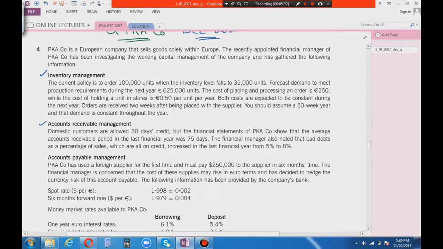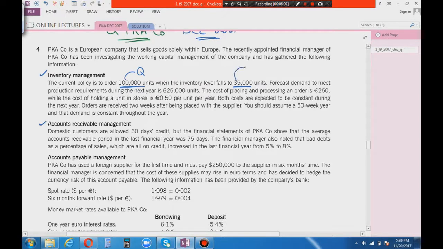The current policy is to order 100,000 units when the inventory level falls to 35,000. So in one order currently you order 100,000 units. And when the inventory level falls to 35,000, then you order that 100,000.